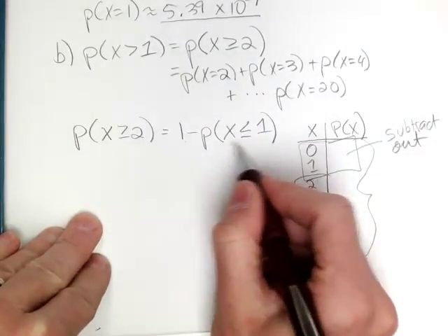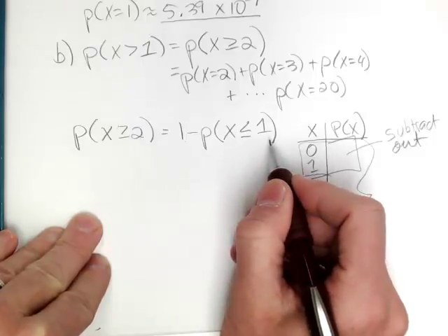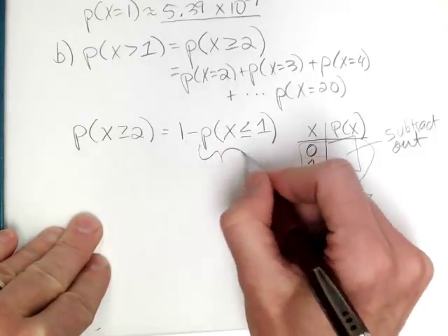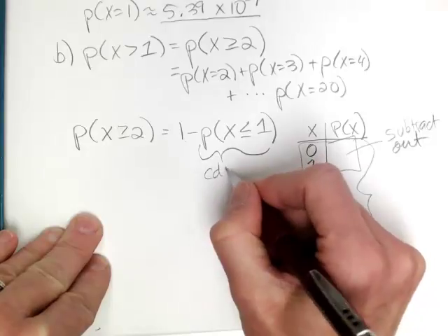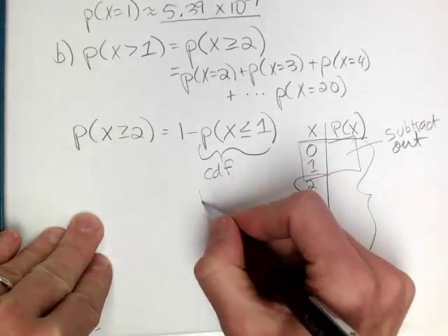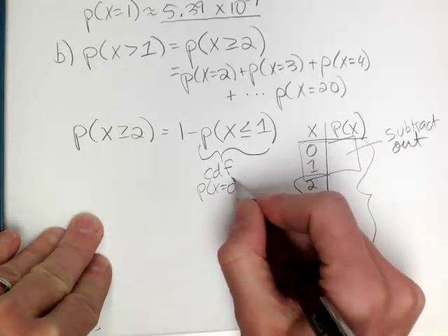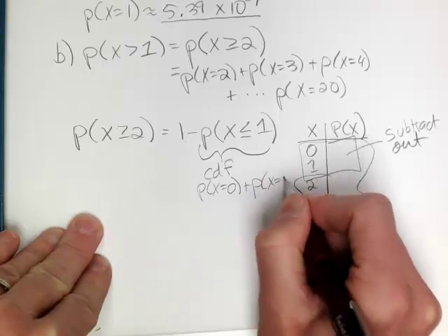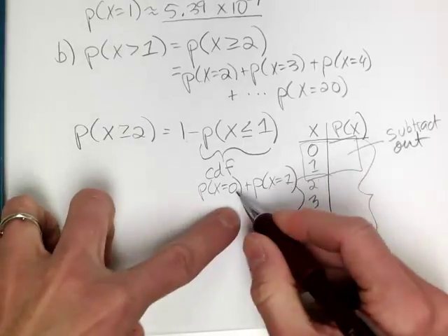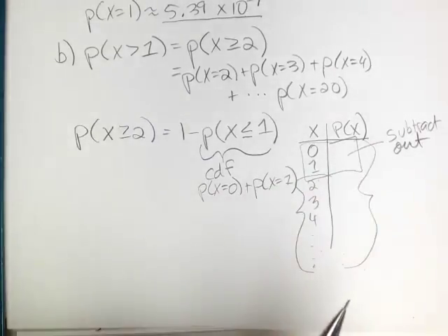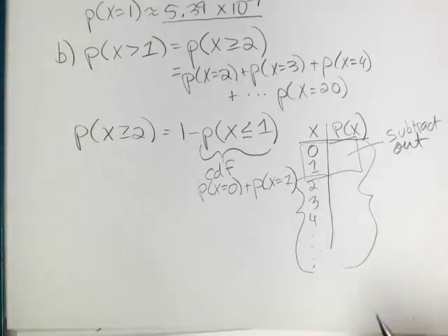So here I can use the binomial CDF. This is going to be the CDF, cumulative, because it's really the probability x is equal to 0 plus the probability x is equal to 1. Now you could do those two separately. That wouldn't be too hard, but it would definitely be extra keystrokes.